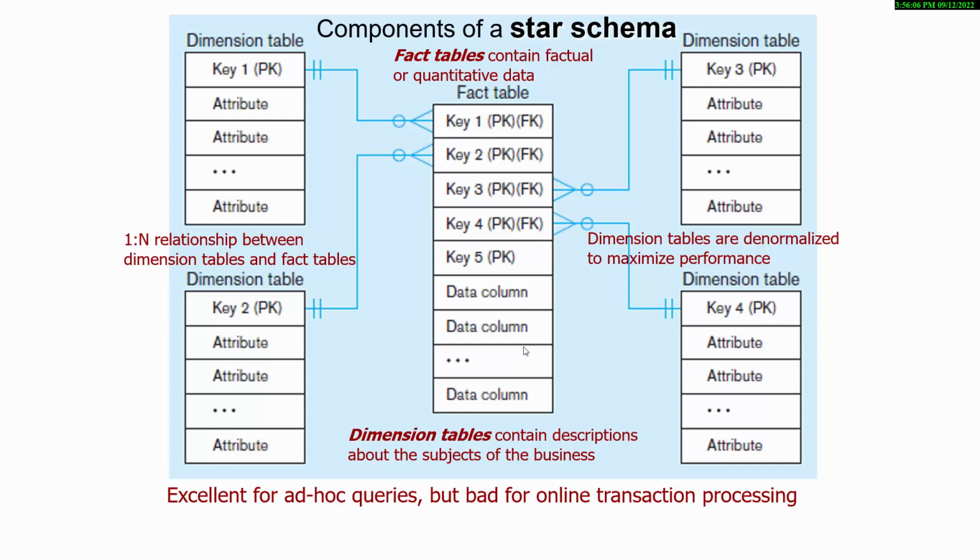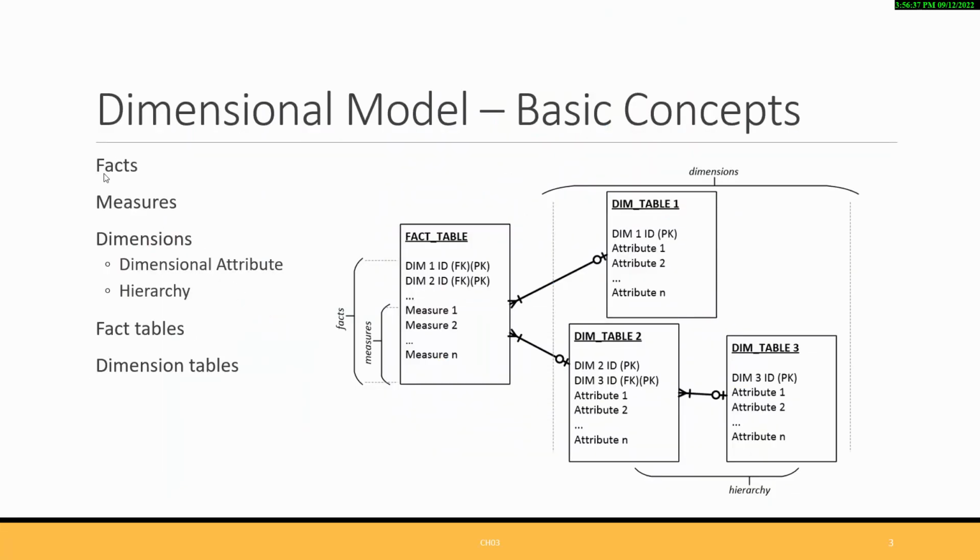The fact table can contain factual or quantitative data or facts, and they can also contain measures. So let's look into these terms. We will look at facts and measures, which are contained in the fact table, and then the dimension tables have dimensions.